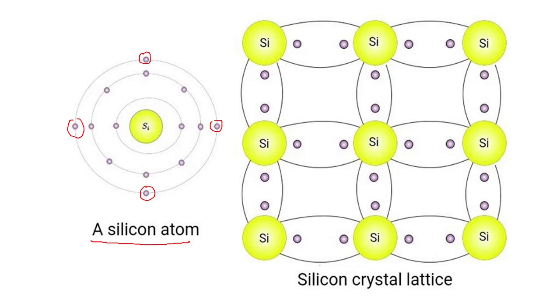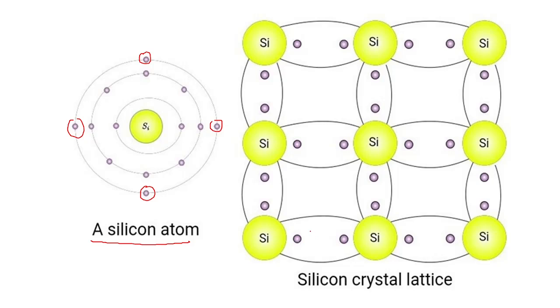Now when we have many silicon atoms together, there is a formation of covalent bonds, where the valence electron of one silicon atom combines with a valence electron of another silicon atom, and that bonding is called a covalent bond.